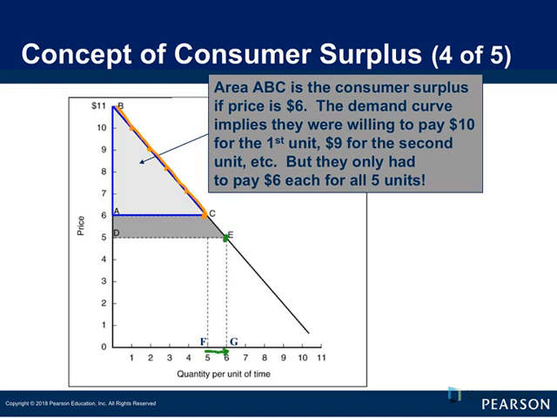But now we have a different triangle. We have a larger triangle that shows that we have a greater level of consumer surplus. So as prices go down, there's more consumer surplus.